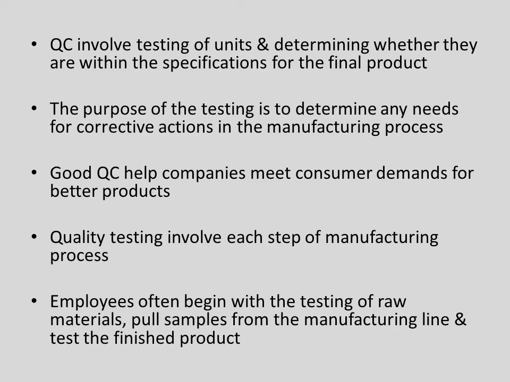So samples are pulled from the manufacturing line and they are tested, and then they test the finished products, and this testing continues till we get the final product. And in this way the quality of the product is maintained.